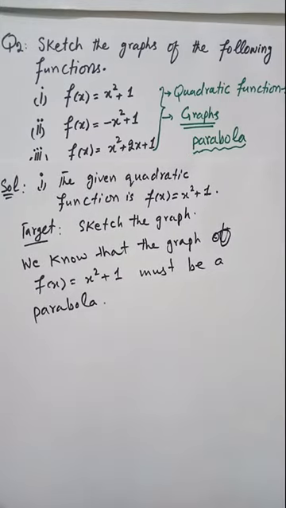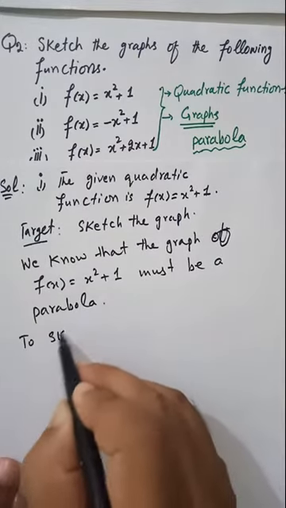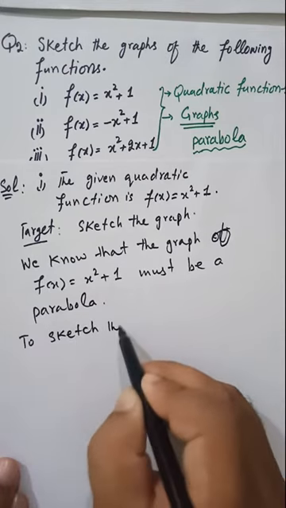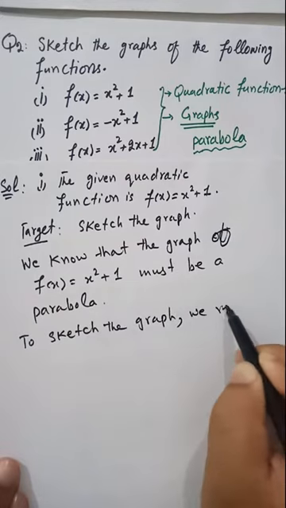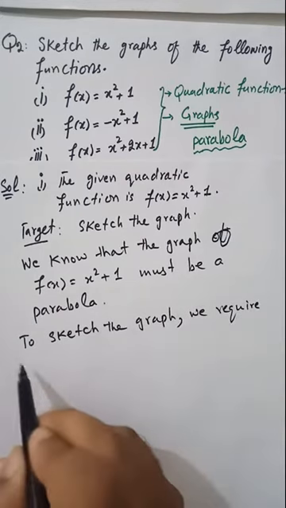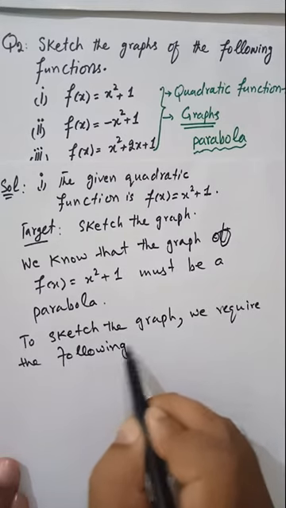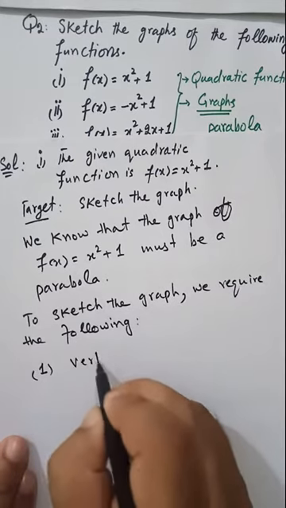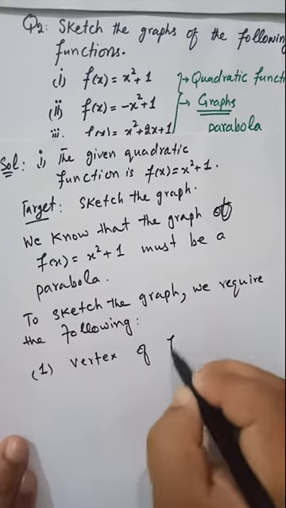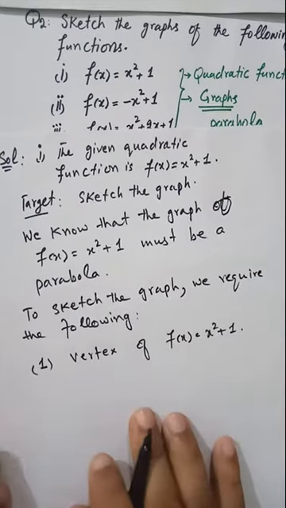For sketching the graph, we need 4 things. To sketch the graph, we require the following. Number 1, we need the vertex of f of x is equal to x square plus 1.